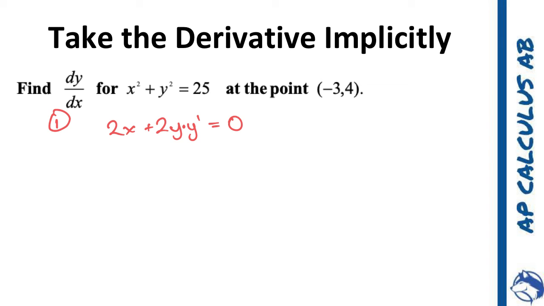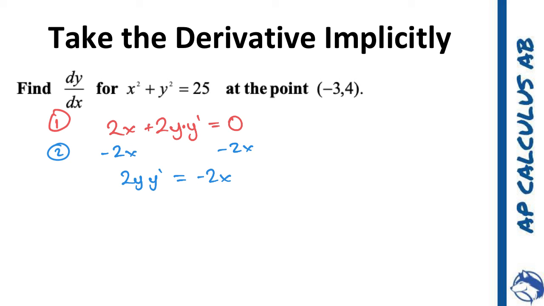The way I think about it is every time I see a y variable in it, I'm going to have a y prime. So I take the derivative of that y piece, and then I multiply it by a y prime. From here, we now need to get all of the other pieces to the other side. So I subtract 2x from both sides, which is step 2, where I've got 2y y prime equals negative 2x.